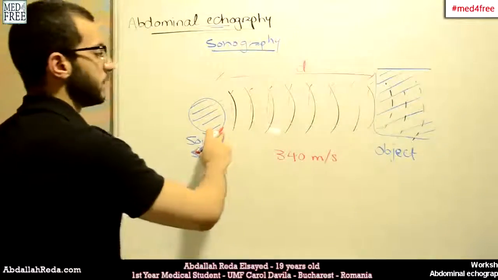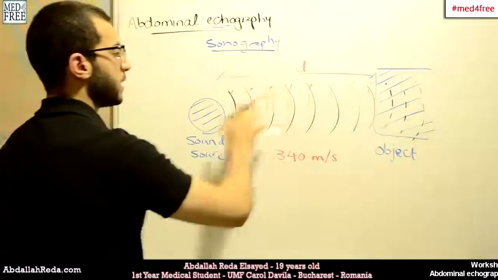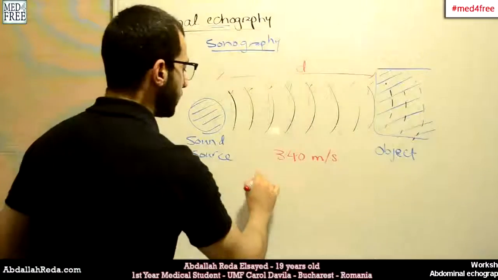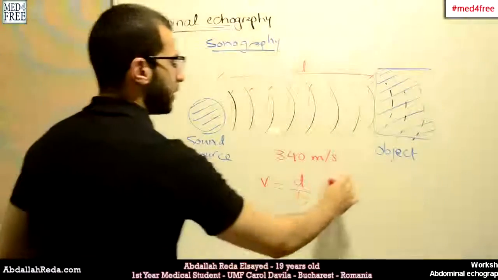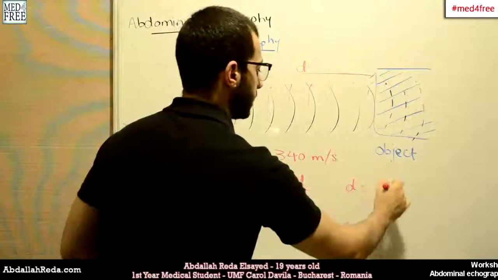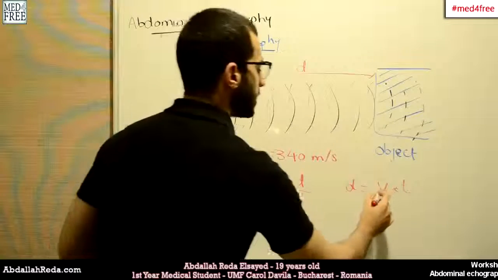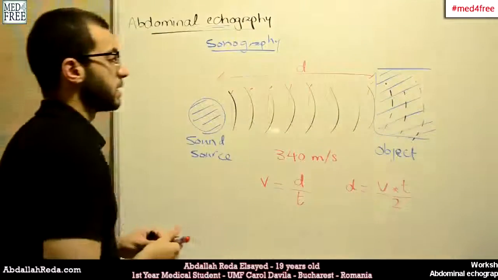So we will divide the distance by 2 because it's going to the object and then coming back, cutting the same distance twice. So the velocity equals the distance over the time, then the distance will equal the velocity multiplied by the time. In this case, it will be divided by 2, and we will get the distance.